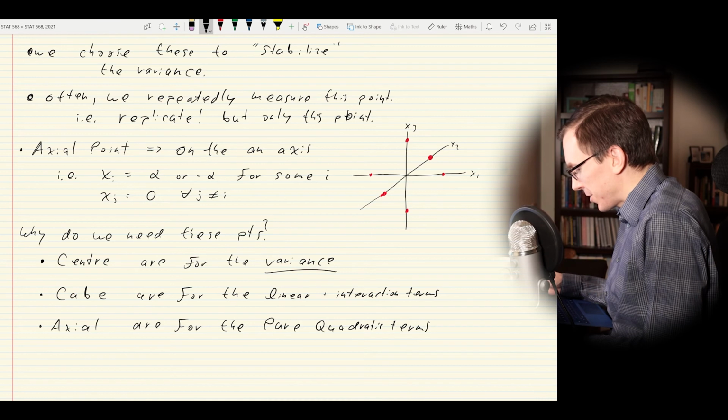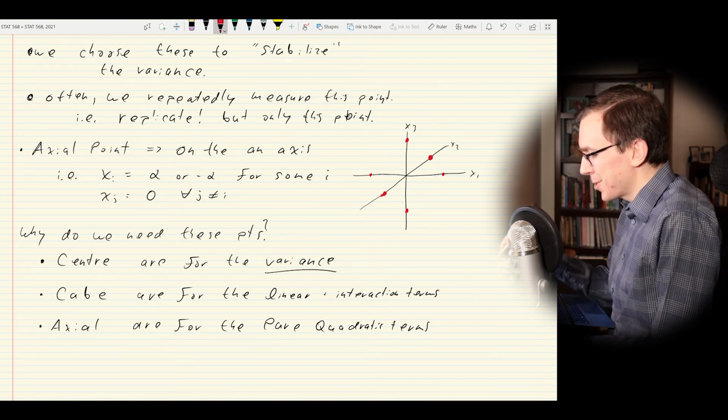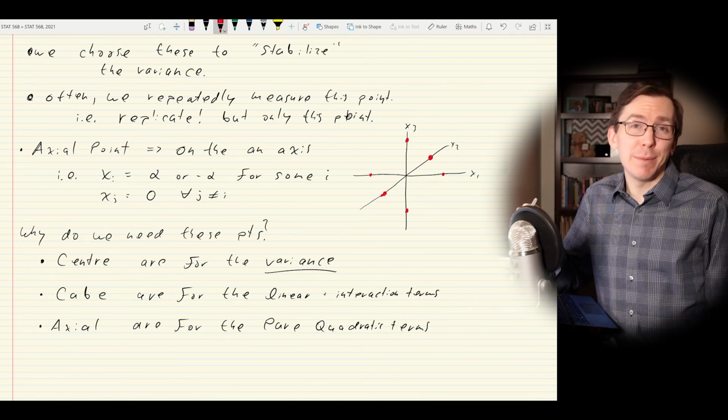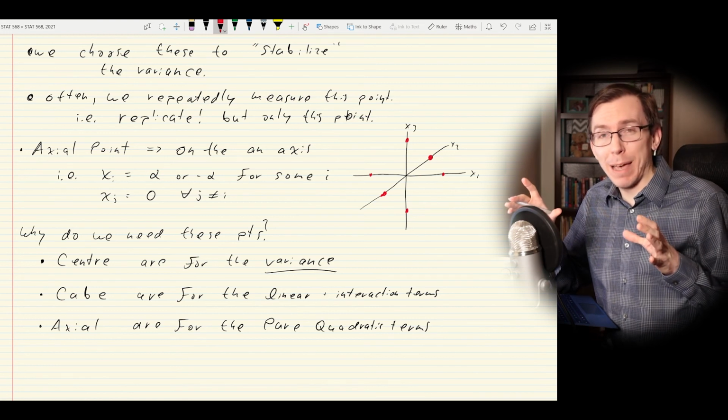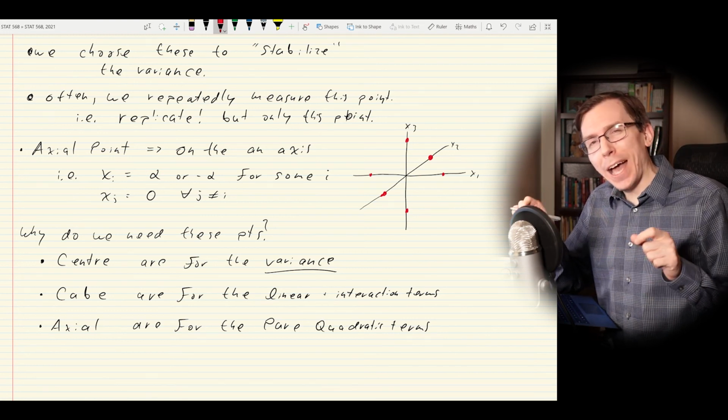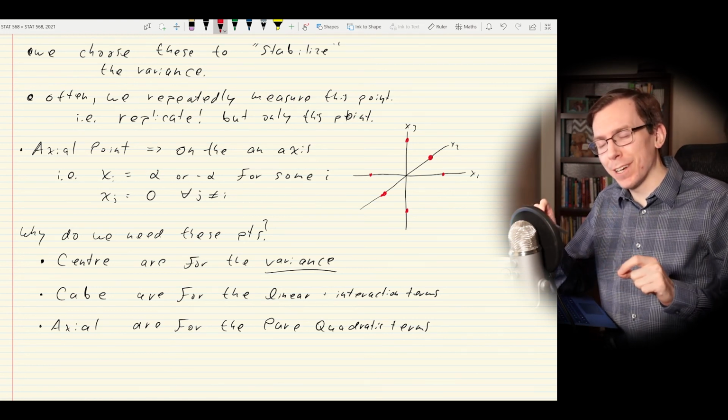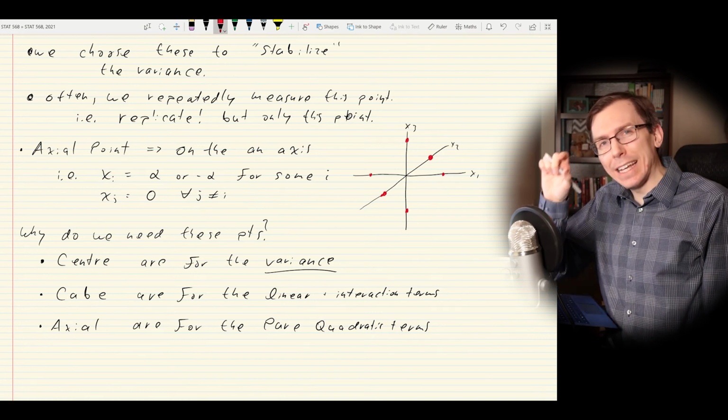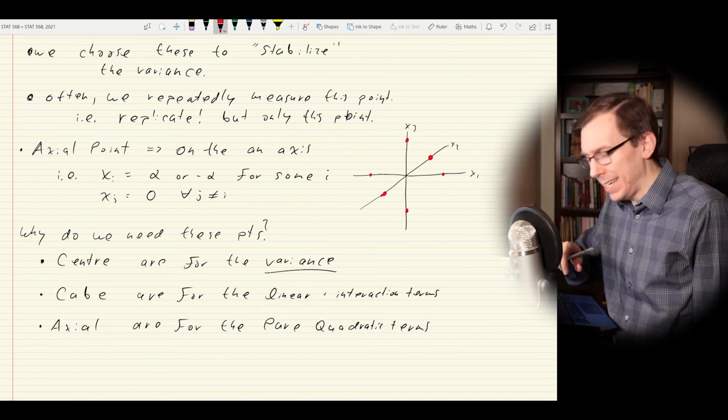So remember, as I mentioned before, we need a certain number of data points to be able to estimate all of the parameters in our model, but we also have to choose those data points very carefully so that we can estimate each piece.